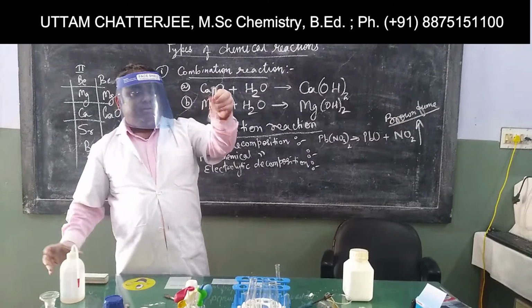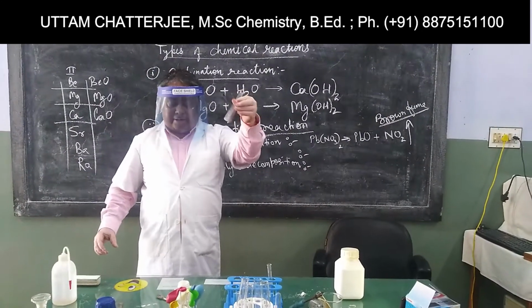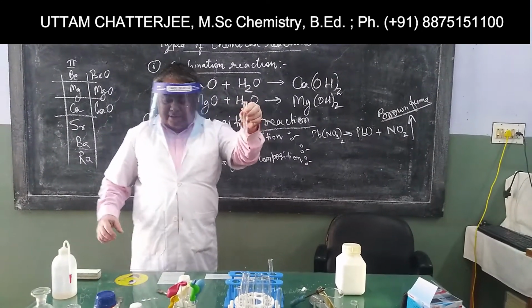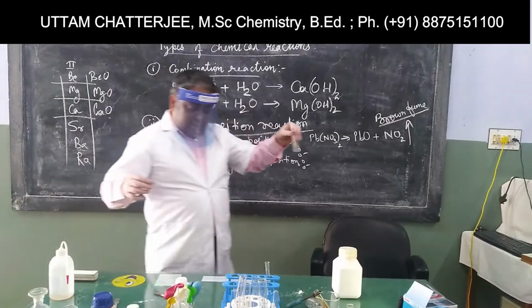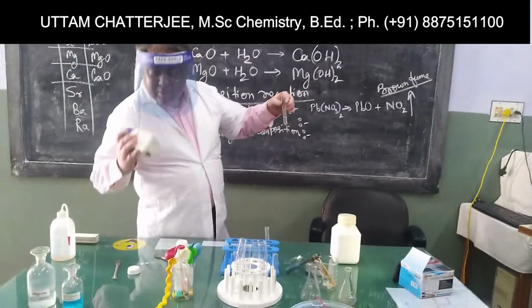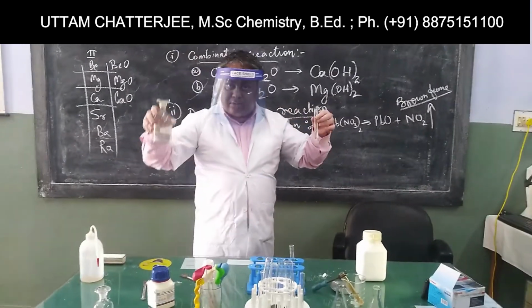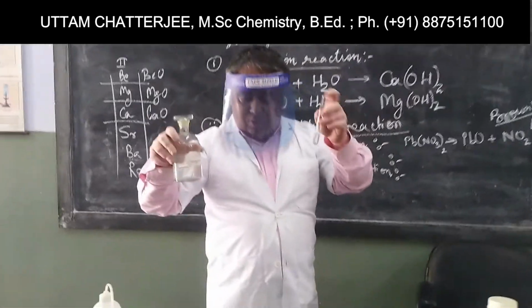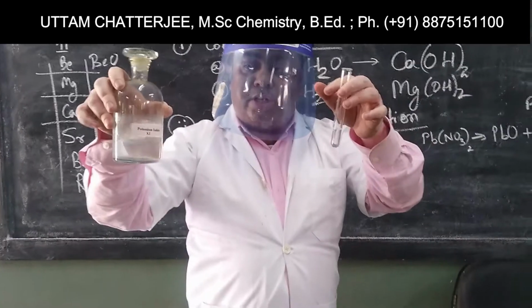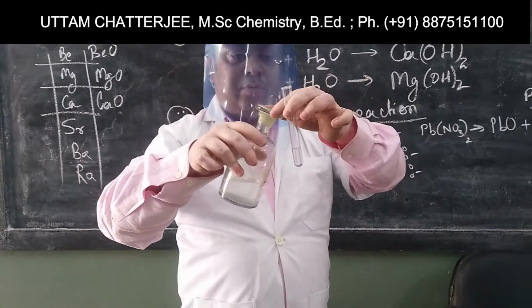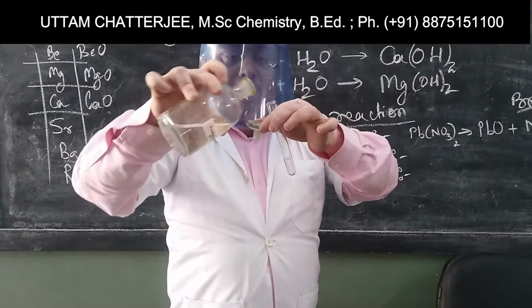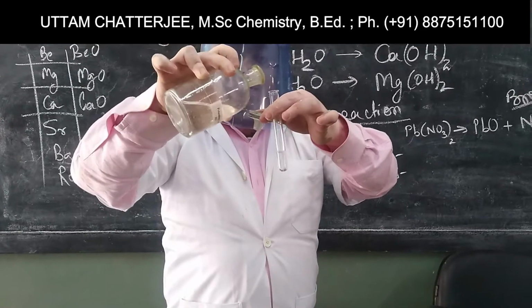Now I have taken lead nitrate solution, and in this lead nitrate solution I will put KI solution. This is solid KI, potassium iodide, and this is the solution. Okay, this is previously made solution. In the reagent bottle it has been kept so that we can use it readily. Now when I am putting KI in lead nitrate, see what will happen.